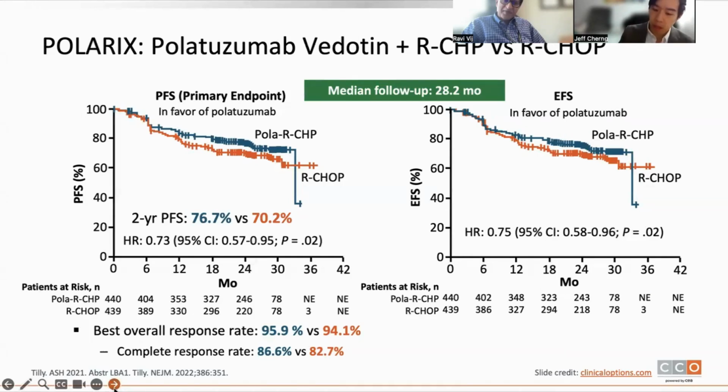Now, at that point, and with slightly longer follow-up, there is still no difference in overall survival between the 2 study arms. So that is important to keep in mind, particularly when we think about curative salvage therapies for patients and whether we can rescue these patients. But at least, there does seem to be a significant progression-free survival benefit for the studied patient population.